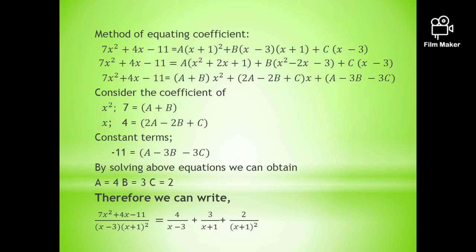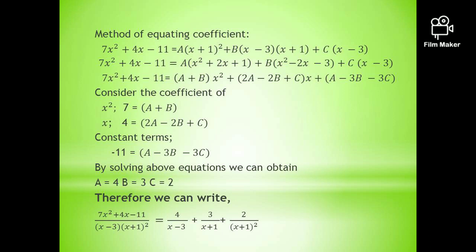If you consider the x squared terms, they are a plus b. The terms in x are 2a minus 2b plus c, so 2a minus 2b plus c times x. The constant terms are a minus 3b minus 3c.